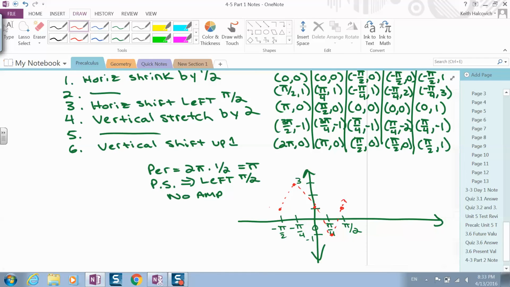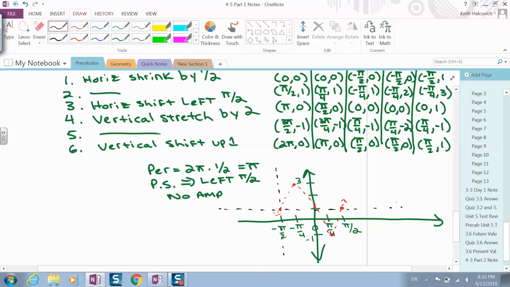Now keep in mind that the graph was shifted, right? The graph was shifted to the left, pi over 2. So the original y-axis is here, but it's shifted to the left, pi over 2. And it was shifted up 1, so the x-axis goes up 1.